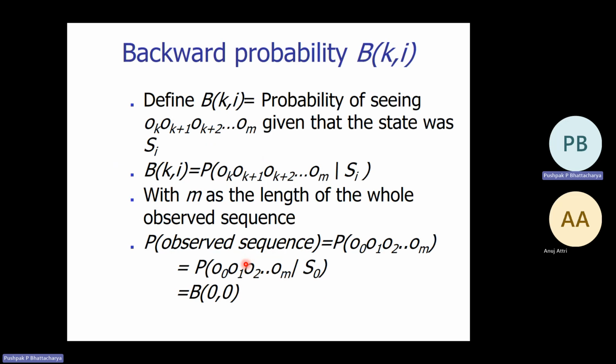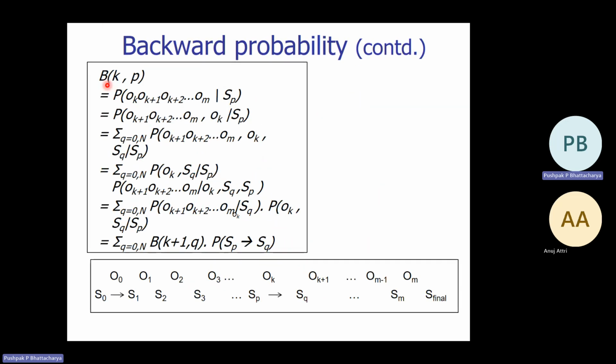So let's proceed. Then for backward probability also, we have a nice recursive expression. Bk,p is probability of suffix given Sp. So again, I isolate Ok, which is the front, the head of the suffix. The head of the suffix is isolated. And we introduce all possible states Sq by marginalization and take the summation. So this can be written as summation q 0 to n probability of Ok, Sq given Sp into probability of a shorter suffix.